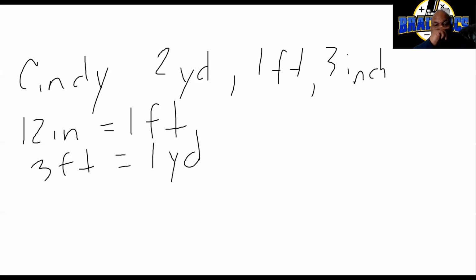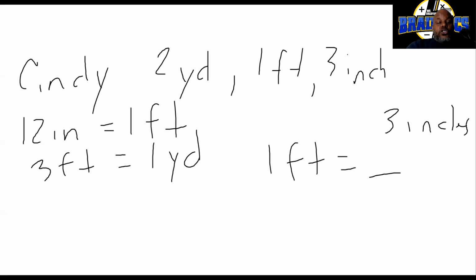All right, so let's convert her total distance to inches. So we know we have 3 inches, but we also have 1 foot. How many inches are in a foot? 12. So then we have 12 inches.